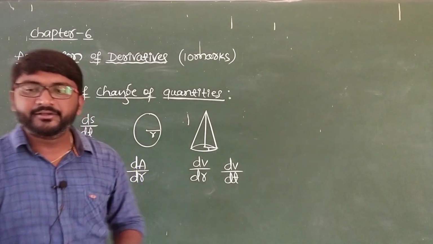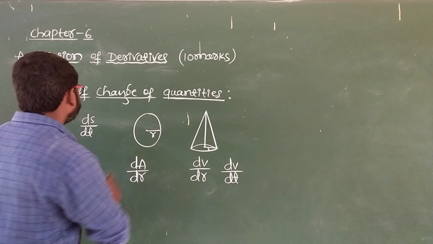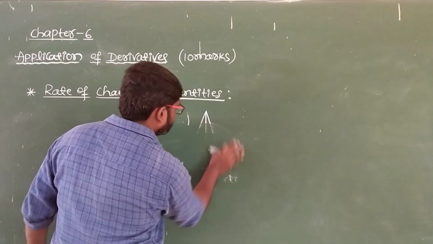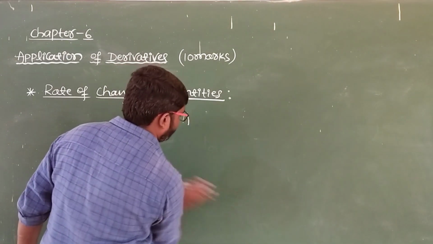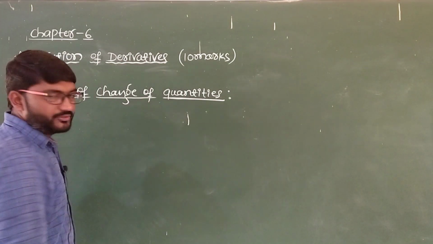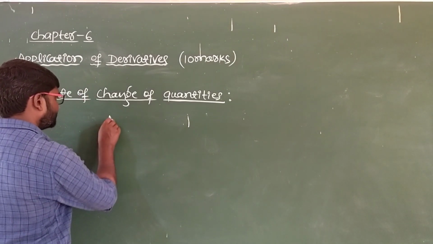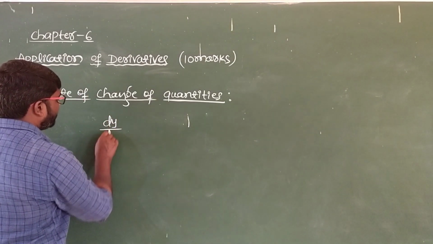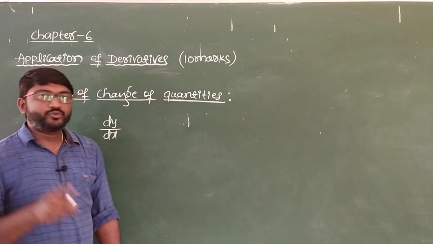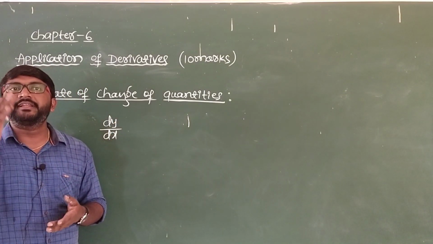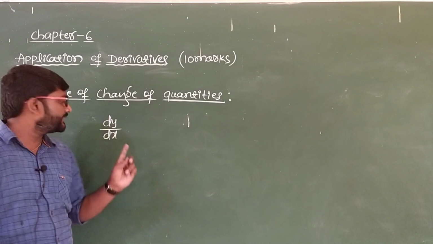Now if you write in terms of dy by dx, see here, the meaning of dy by dx is that one quantity, that is y, is varying with respect to another quantity, that is x.